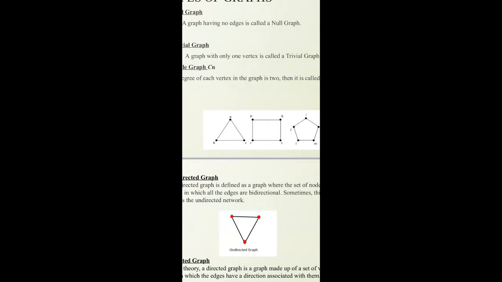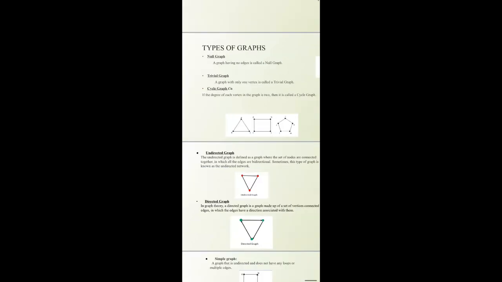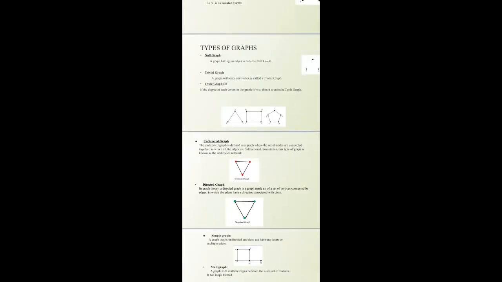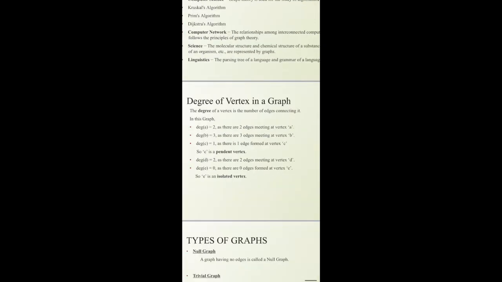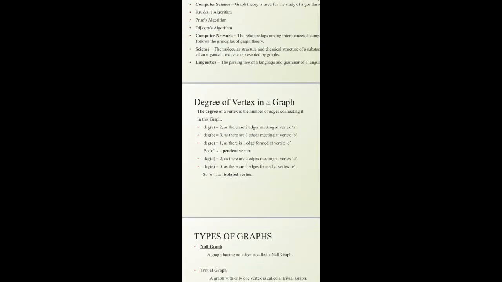For example, A, B, C, and then it moves back to A. It is a cycle graph. In other words, if every vertex has degree 2, then it is called a cycle graph, as we saw in the concept of degree of vertex above.